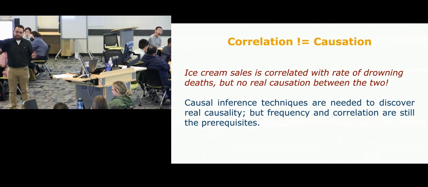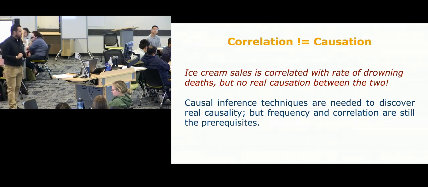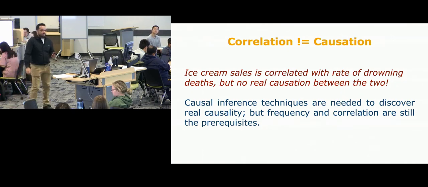However, there is a confounder here. A confounder is a variable that impacts both ice cream sales and deaths. And if you control for that confounder in some regression, the correlation between ice cream sales and drowning deaths would go away.